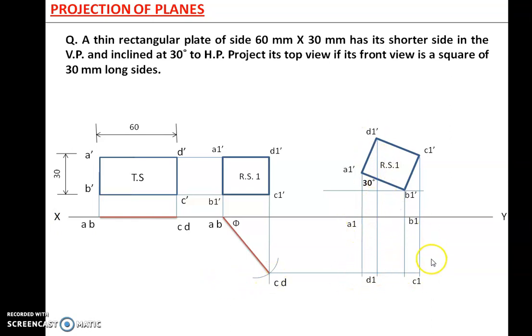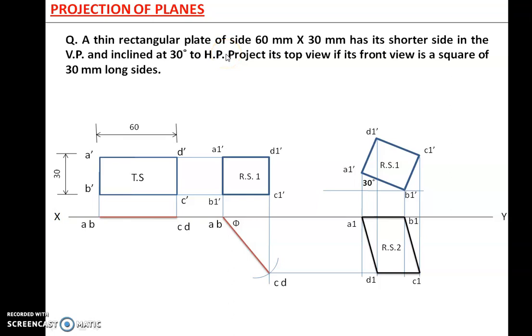Once you have marked the points, join them by dark lines. This is nothing but your reduced shape number 2. So this is the final solution we have got of that particular rectangular plate, which is seen as a square in the front view.